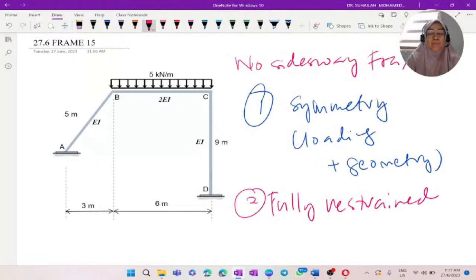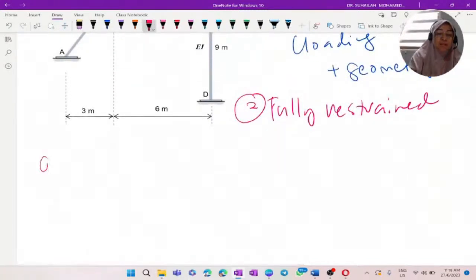Before we start to analyze this frame using the moment distribution method, please remember that we actually analyze member end moments.